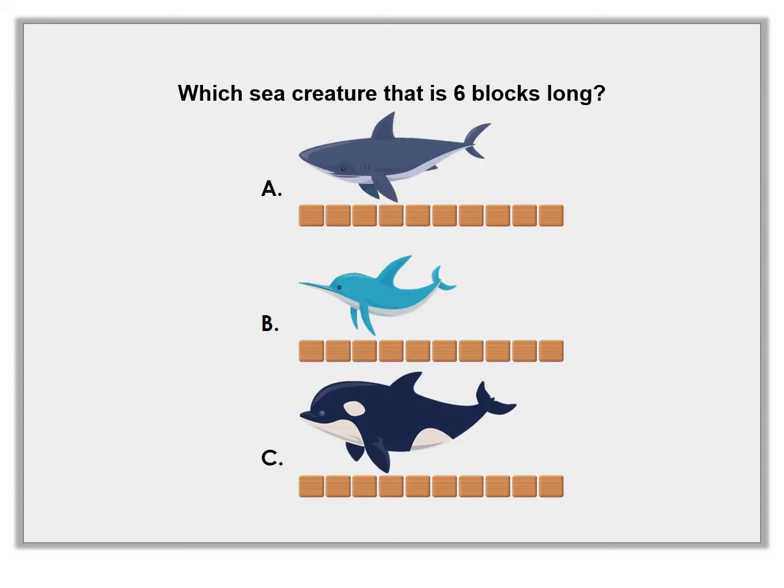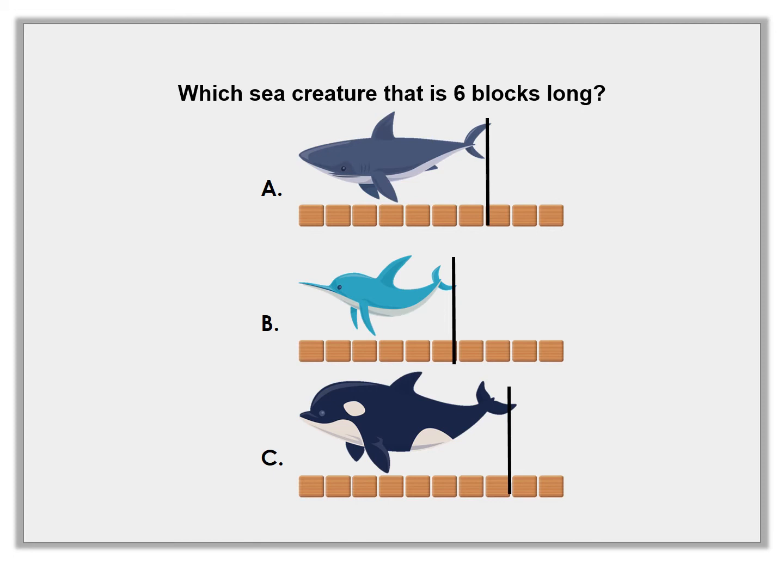Again here, which sea creature is 6 blocks long? So I'm going to draw my lines on to help me, and then I'll be able to easily count. So how many blocks long is A, and then count B, and then count C. And put a circle around the one that you think is 6 blocks long.